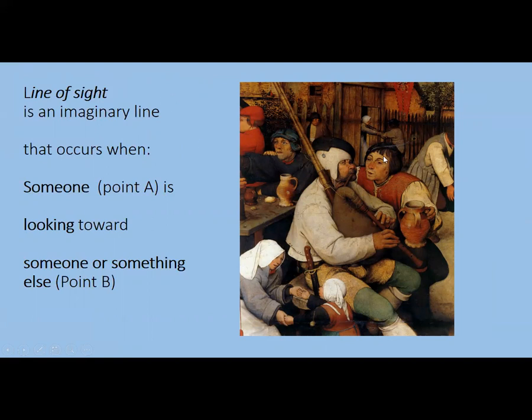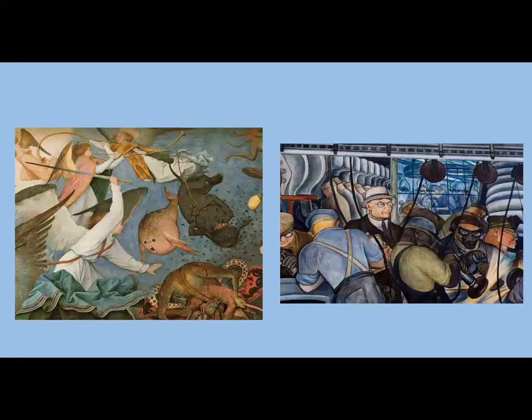So this man, he's point A, is looking at this man, point B. This girl is creating a line of sight toward this little girl, and this little girl is creating a line of sight toward her. This angel creates a line of sight toward this sea creature. This man creates a line of sight toward us, which makes us create a line of sight toward him.